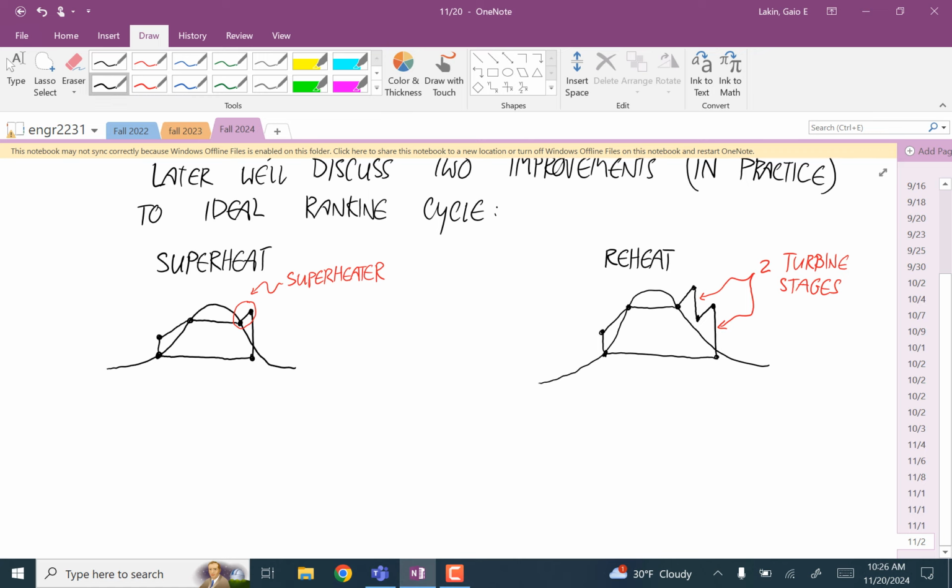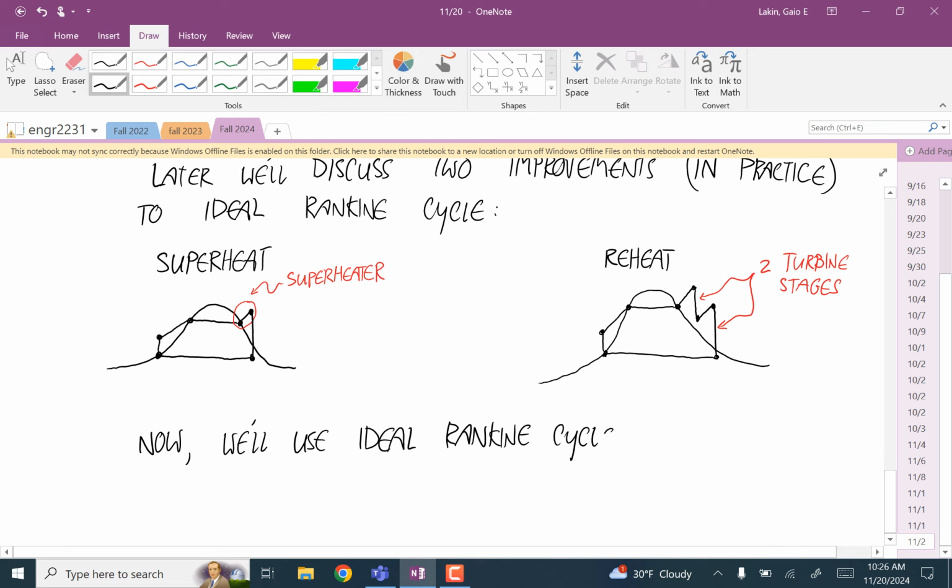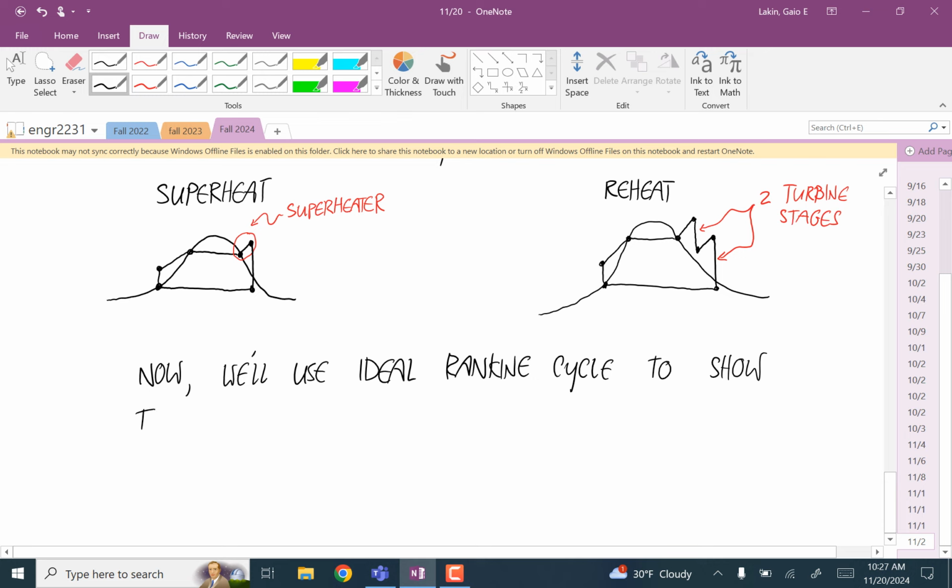What we're going to do here is, so now we'll use the ideal Rankine cycle to show that the efficiency for an internally reversible power cycle is 1 minus the temperature at the condenser divided by the temperature at the boiler.